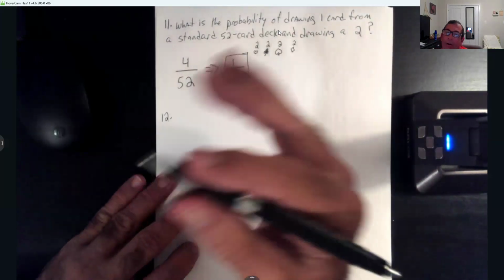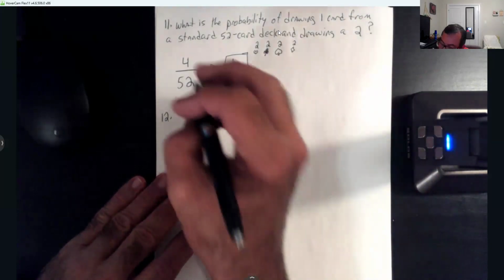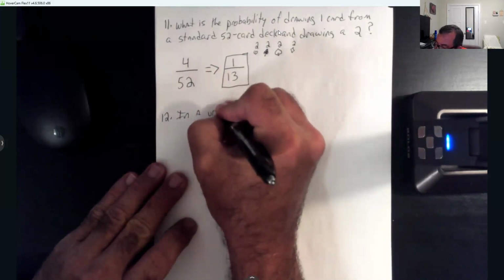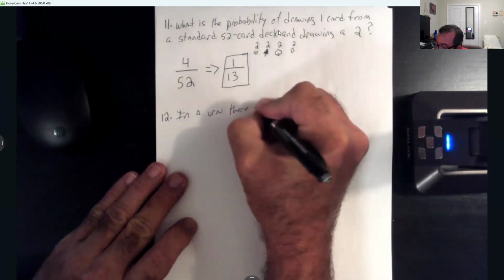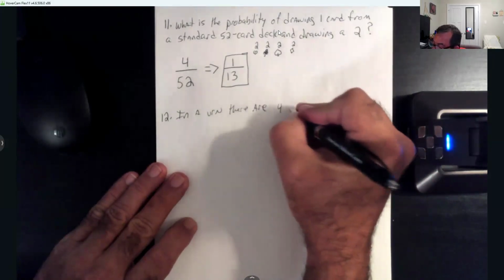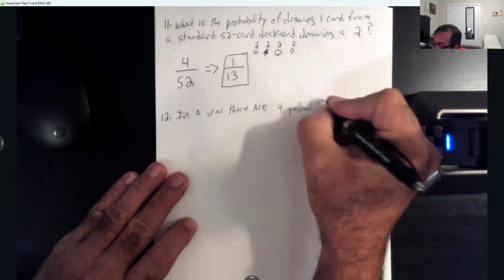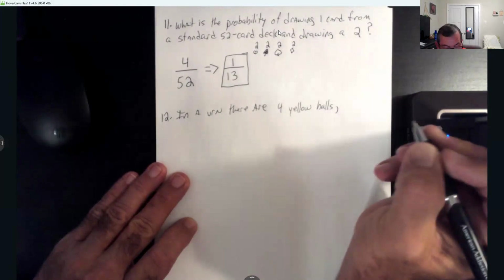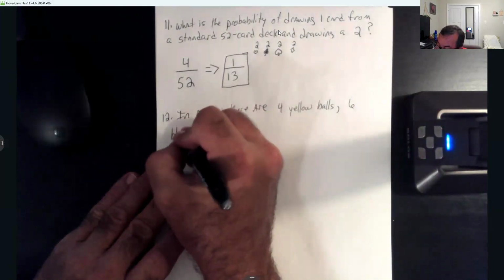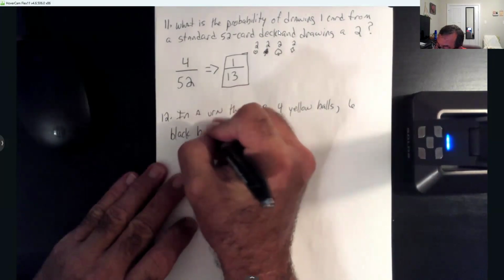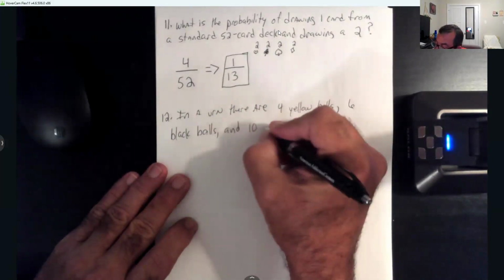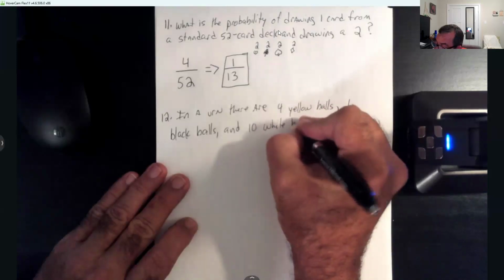All right, y'all, and this one's about the marbles. So, in an urn, there are 4 yellow balls, 6 black balls, and 10 white balls.